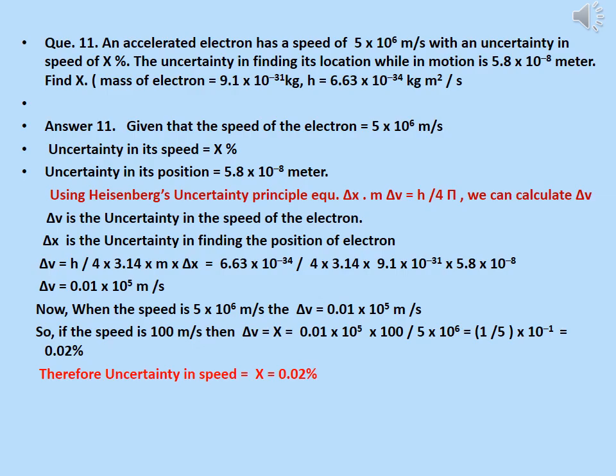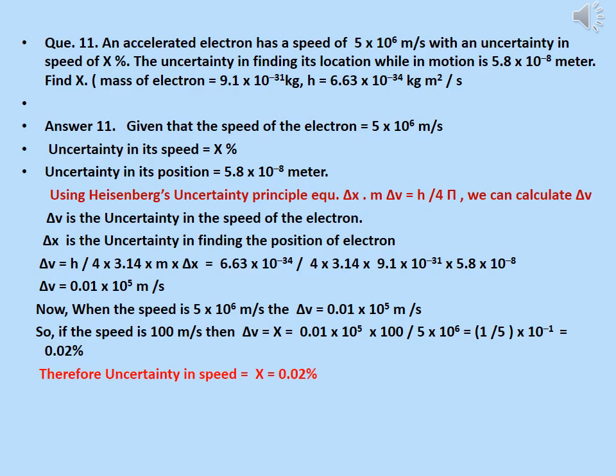Now, when the speed of the electron is 5 into 10 power 6 meter per second, then delta v is 0.01 into 10 power 5 meter per second. So, we have to find the percentage.